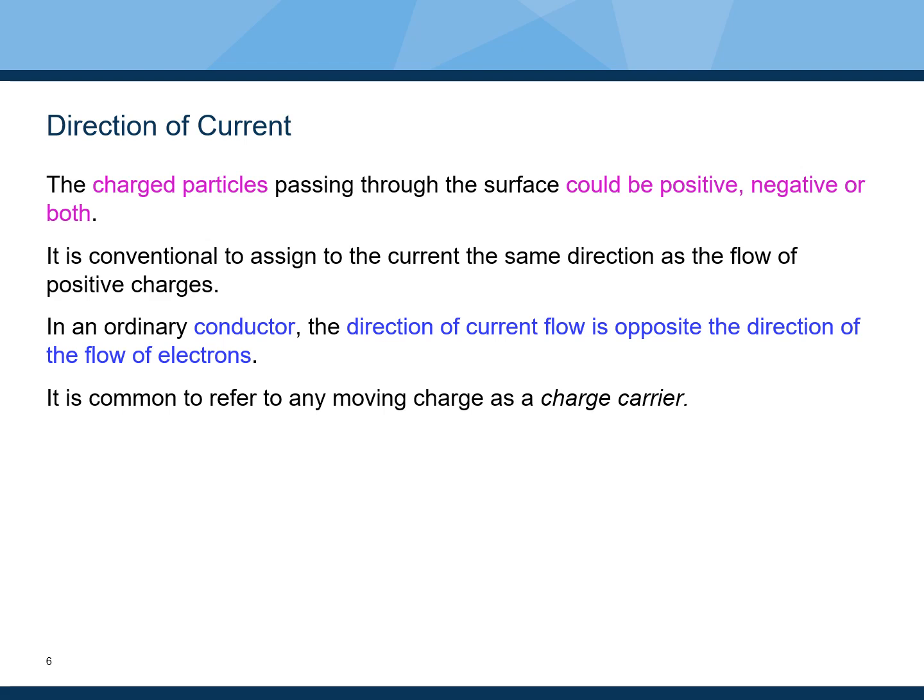It just turns out that in typical metals, the charge carriers happen to be negative. But in semiconductors, you could have both positive and negative charge carriers. And it doesn't matter what you have, your notion of current will come out the same. So in a typical ordinary conductor, which might be made of metal, the direction of current flow is opposite to the direction of the flow of electrons.